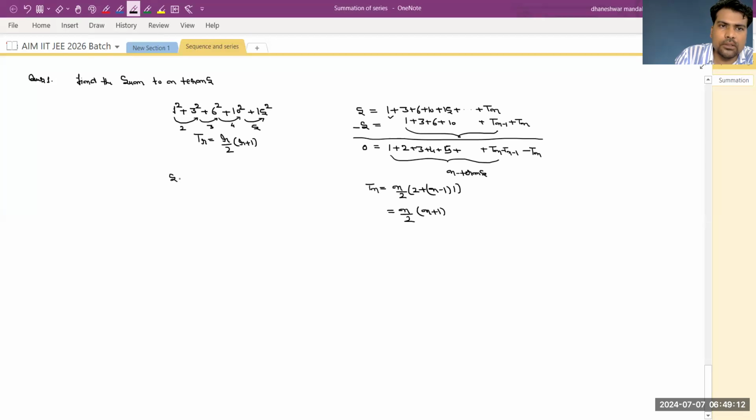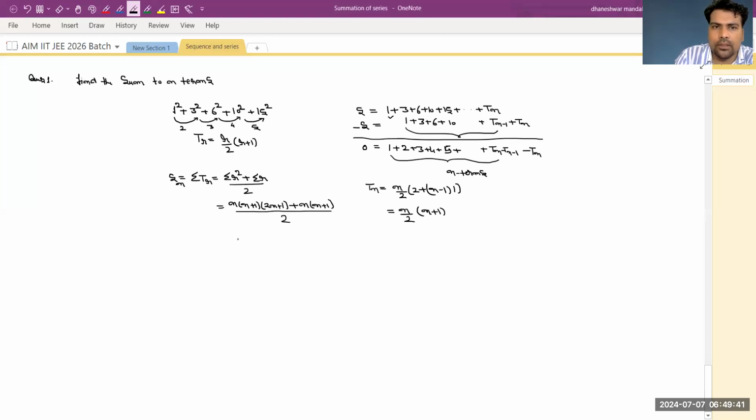So the sum of n terms is the summation of T of R. Here we have the summation of R square, and here we have the summation of R divided by 2. So what is the sum of this term? n plus 1 and 2n plus 1, and here we have n plus 1 divided by 2.